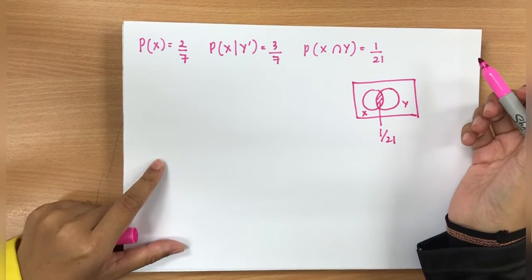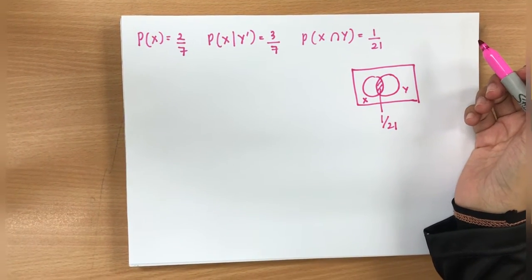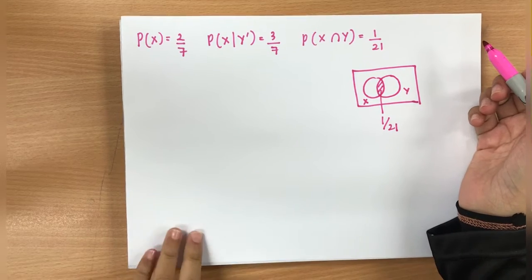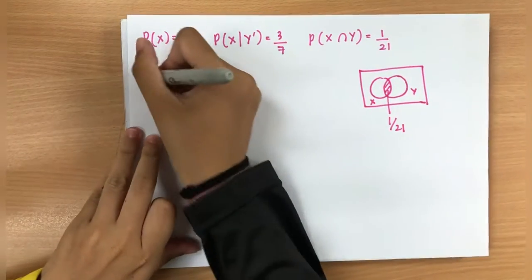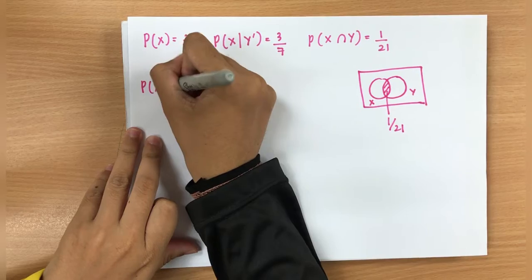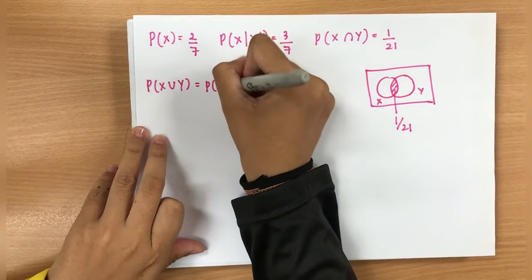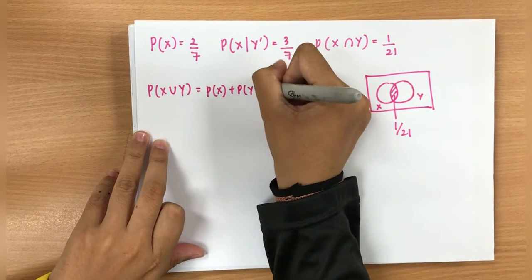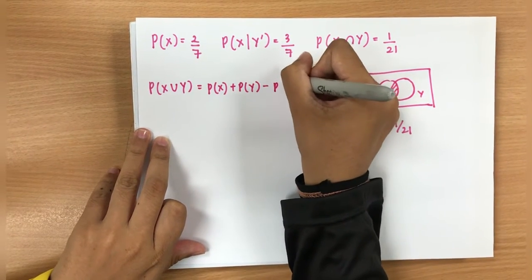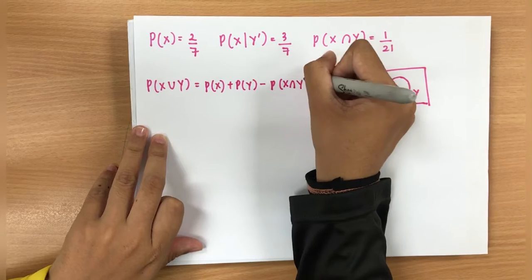The question wants us to find P(X union Y). To find P(X union Y), it is probability X plus probability Y minus probability X intersect Y.